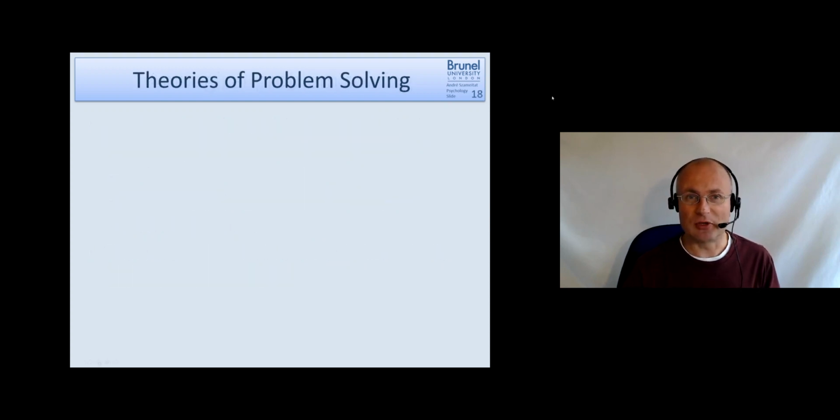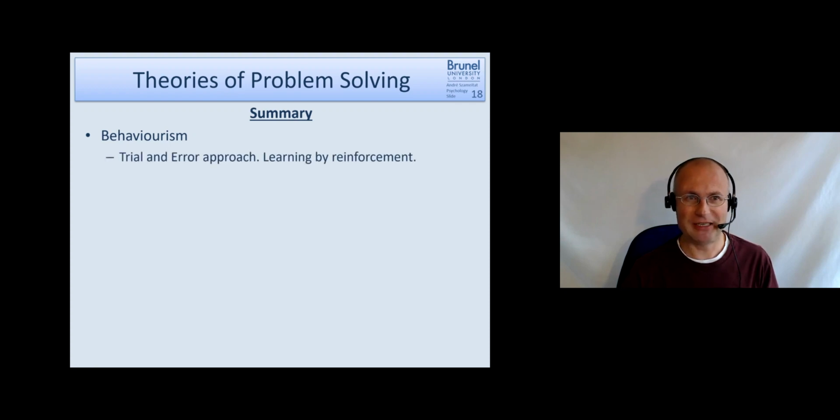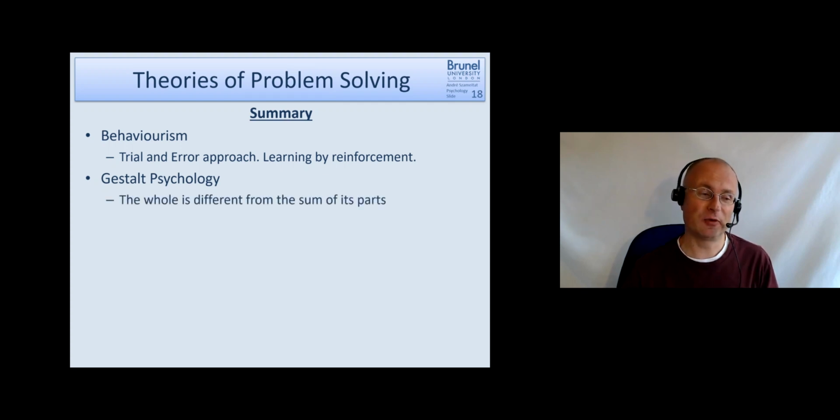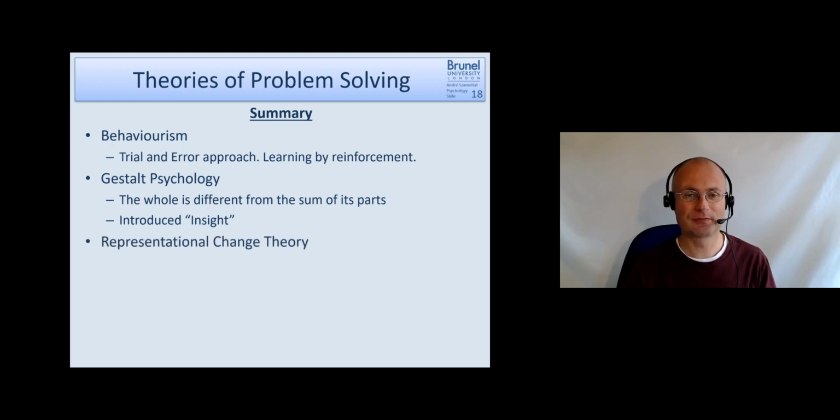Okay, let's summarize the theories of problem solving. We spoke in the very beginning about behaviorism, which is basically the trial and error approach, and usually for animals and small children it's learning by reinforcement. Then we spoke about Gestalt Psychology, which assumes that the whole is different from the sum of its parts, and it introduced the concept of the representation of the problem and insight, or aha, or illumination.